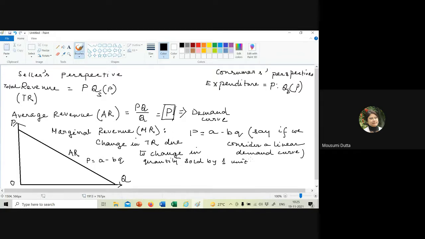Do you know how we can write the formula for marginal revenue?